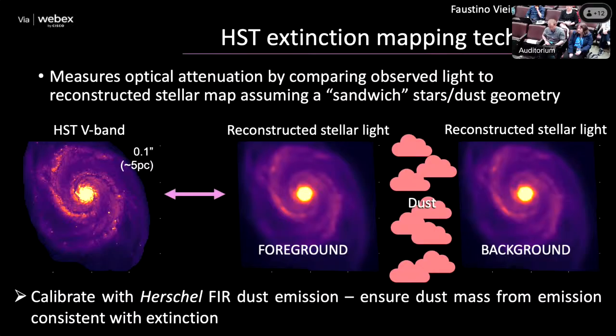So this is what I mean when I say it works as sort of a contrast. And then by assuming that you have the dust close to the midplane of the galaxy, we're essentially solving the radiative transfer equation, assuming both an emission and an absorption component, if that answers your question. So here your foreground and background looks almost exact. It's the exact same, it's just that this is a fraction that's in the front, and then a fraction of it is in the back of the dust.